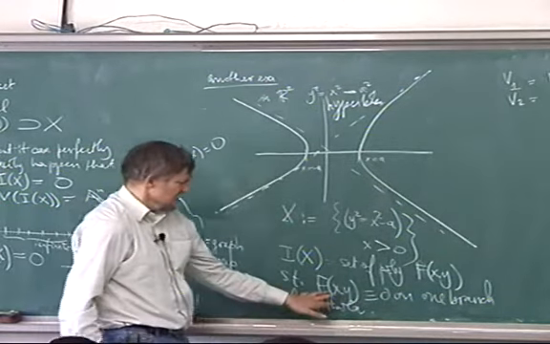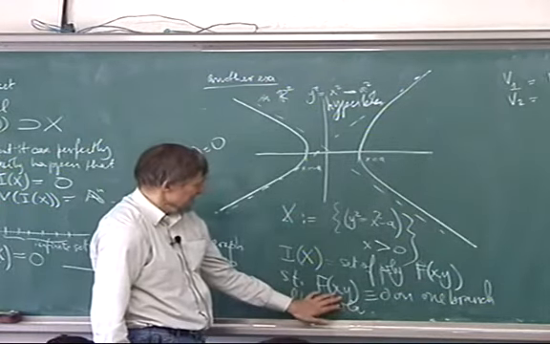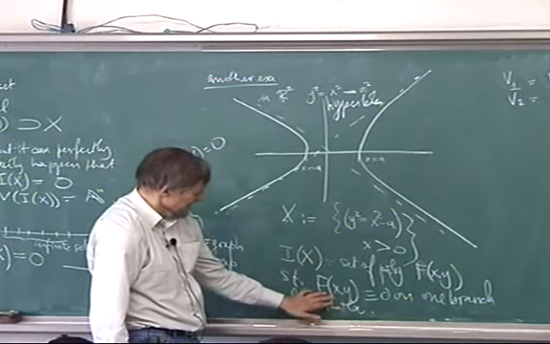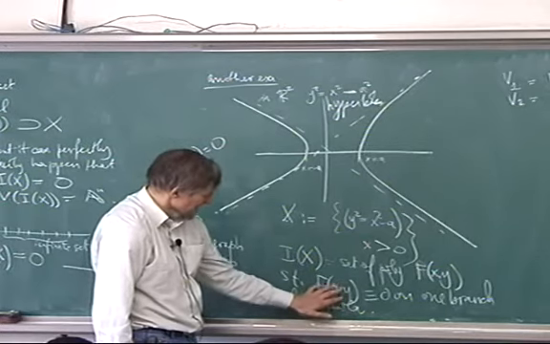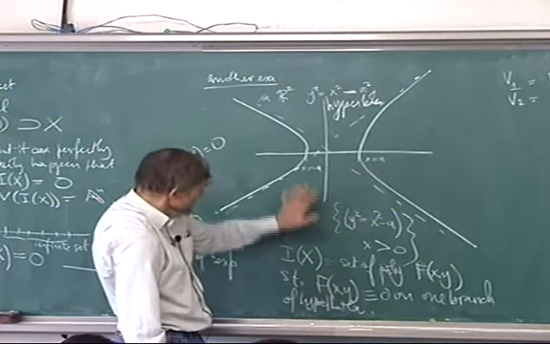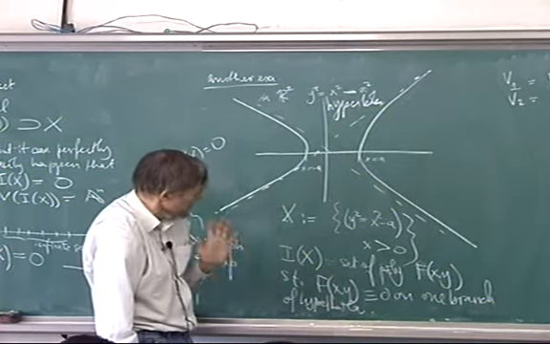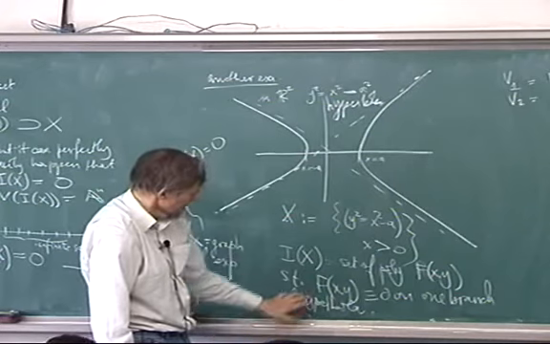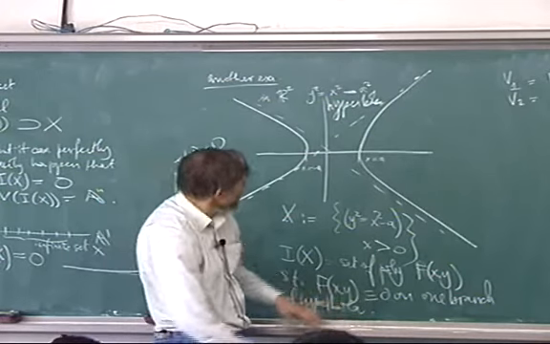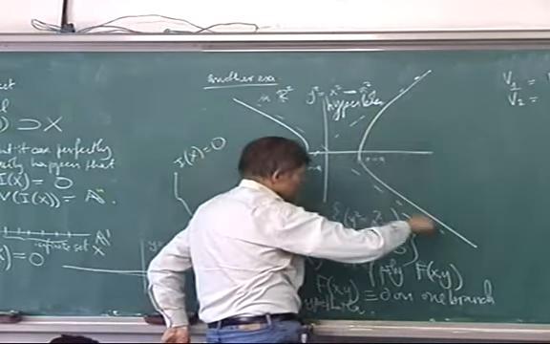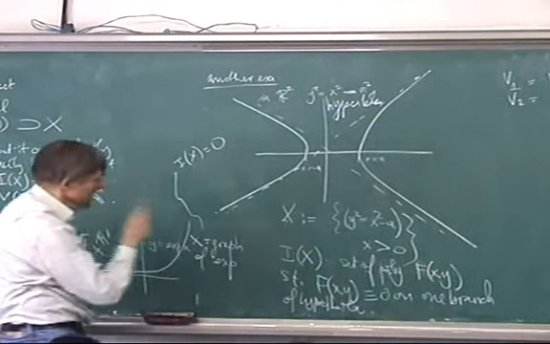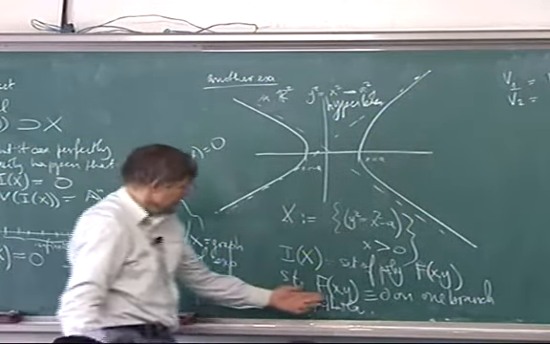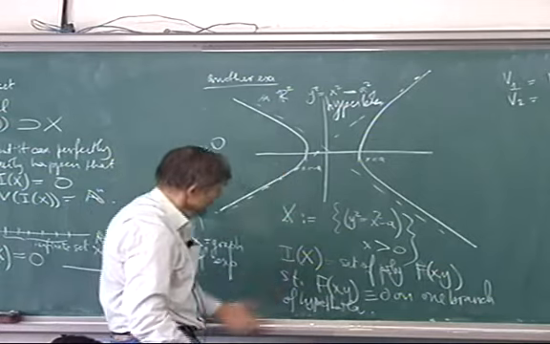Well, these are plane quadrics, plane conics, and two distinct non-degenerate plane conics can meet in at most 4 points. And so if f of x is identically 0 here, it means it's vanishing not at only 4 points, but at infinitely many points. And that means that f of x, y actually contains also the left-hand side.